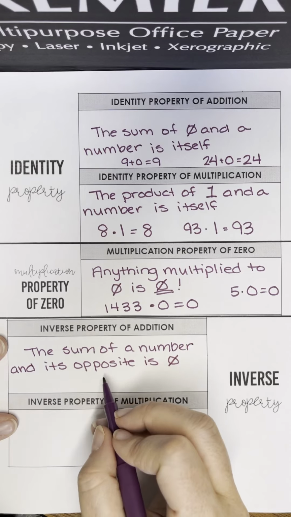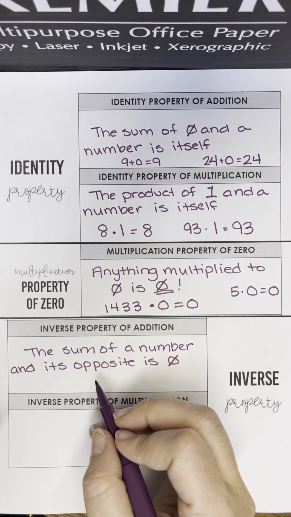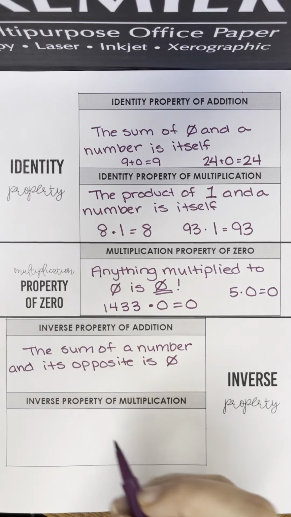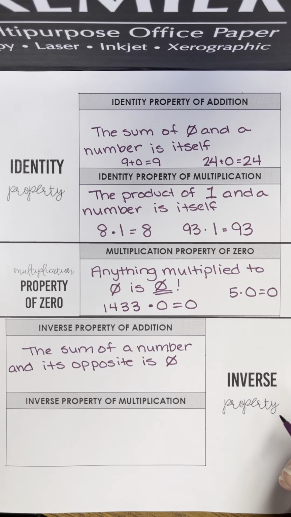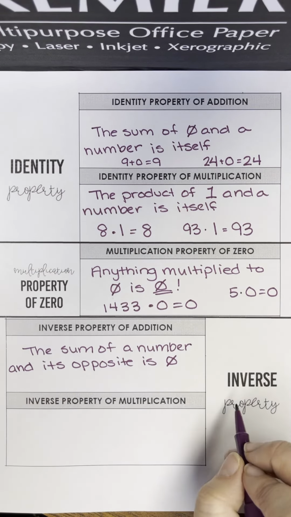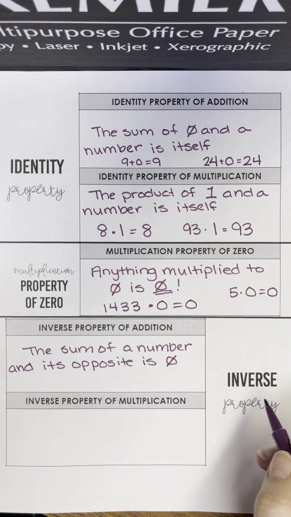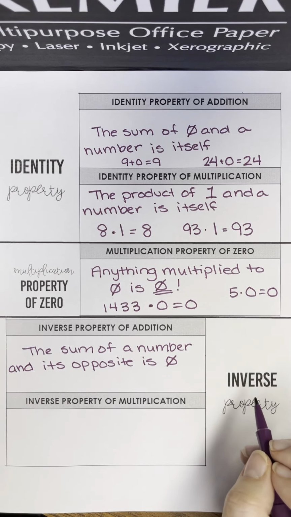So if you recall opposites, remember we said like opposites were 4 and -4 because they were the same distance from 0, or 9 and -9 because they're the same distance from 0. -10 and +10, same distance from 0. When we add those two together, we end up with 0.